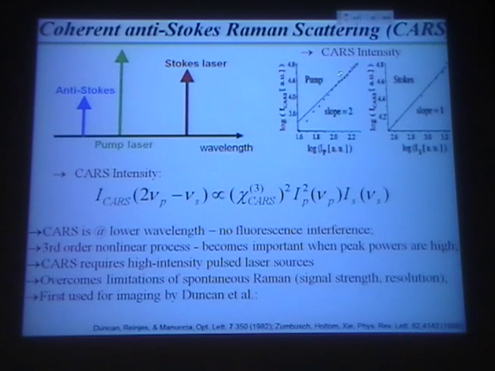Now here, from the dependencies of the CARS signal on the excitation intensities of femtosecond pulsed laser light, you can see that indeed we have quadratic dependence on pump probe intensity and linear dependence on Stokes intensity.